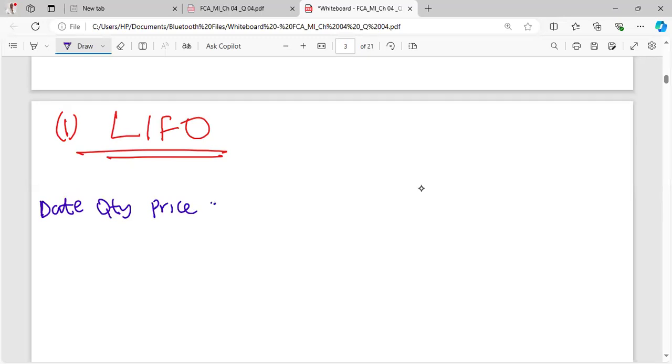Instead of value, I will put amount. It's still the same thing. But you need to be consistent. If you have used value before, maintain it. Just for lecture's sake, I decided to use amount to show that you can use amount or value. So this is issue. No, this is receipt.